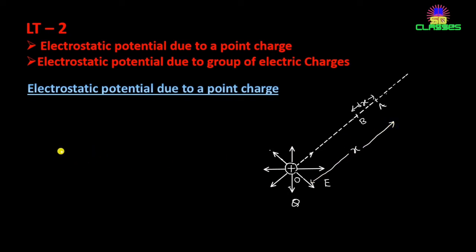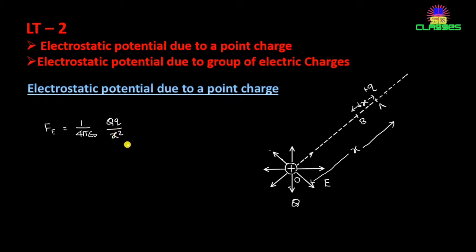Okay, so what will be the electrostatic force at your point A? Okay, so what will be that? 1 by 4 pi epsilon naught. Suppose you imagine a charge here, plus q, then the force will be Qq by x square.